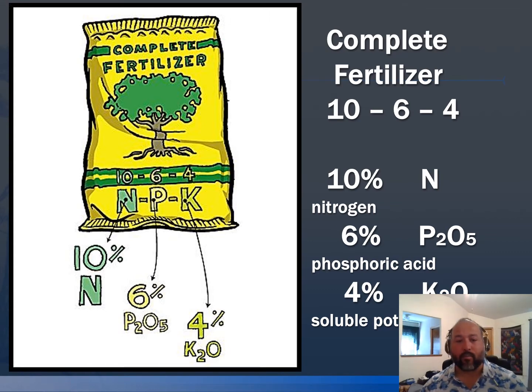And so when you're looking at these numbers, you're looking at the percentage of each of these things: nitrogen, phosphorus, and potassium. Now, the thing that's going to be interesting to understand is sometimes the bag won't say NPK. It won't say nitrogen, phosphorus, or potassium. It will just say like 10, 6, 4, and you just need to understand that it's always in this order: nitrogen, phosphorus, potassium.